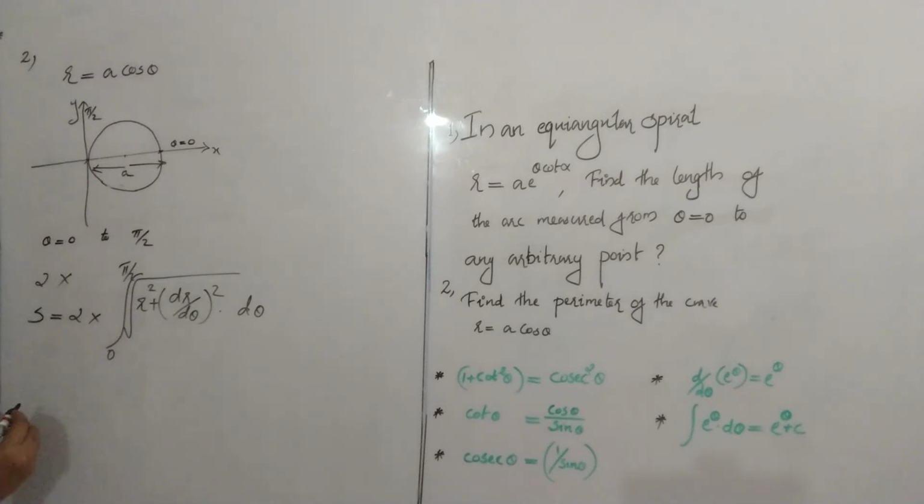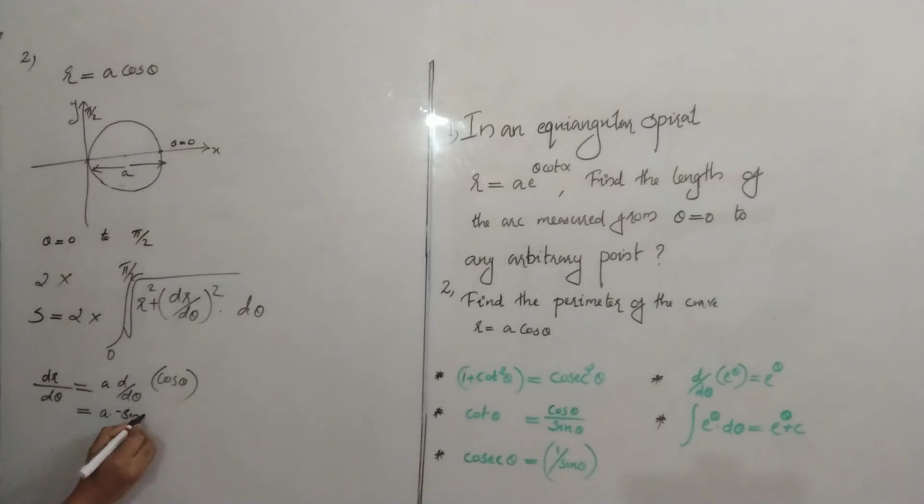Now r is a cos theta, then dr divided by d theta is equal to a into d by d theta of cos theta, that is a into minus sin theta.